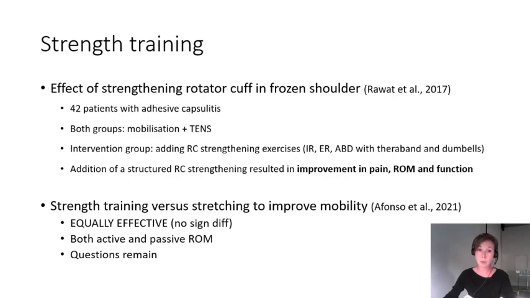They compared strength training versus stretching to improve mobility, and they found that both were equally effective. So that is quite interesting for our patients with a frozen shoulder, because perhaps we don't need to stretch or to use manual therapy or mobility exercises, but we can focus on strength, because we know from this review that strength training is also effective to improve mobility.